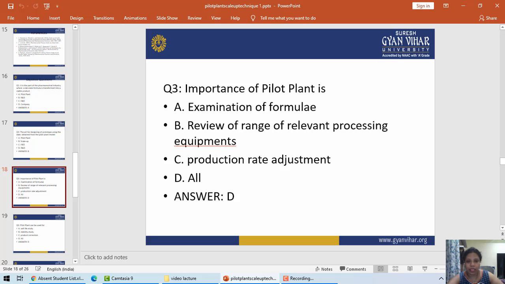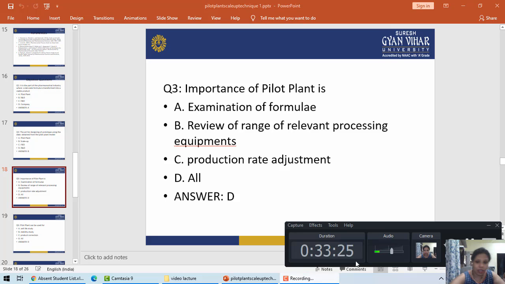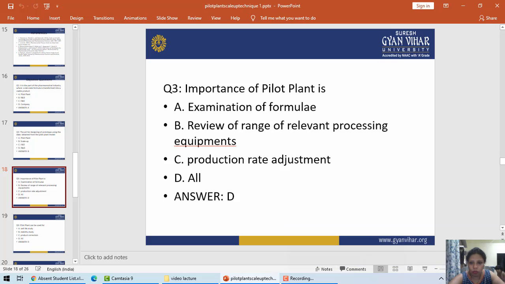The third question is: the importance of pilot plant is. Again there are four answers: examination of formula, review of range of relevant processing equipments, production rate adjustment, or all. We have discussed the importance of pilot plant, right? So just think over it and then answer.